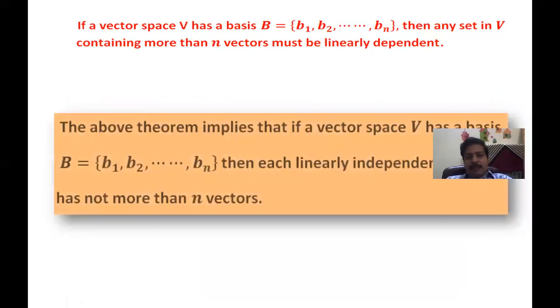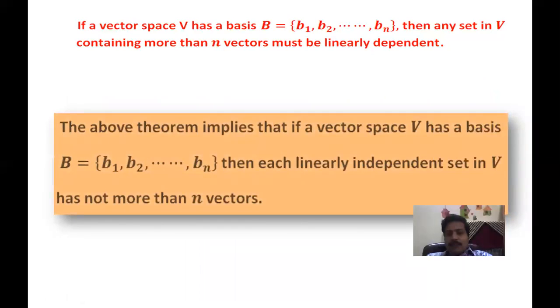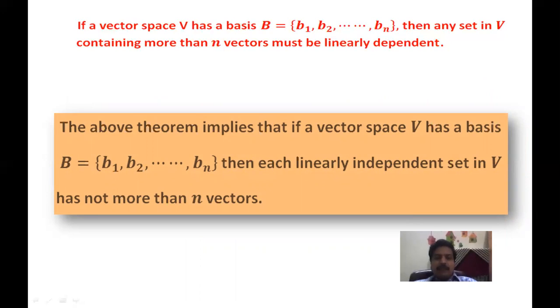So this theorem implies that if a vector space V has a basis B with the elements B1, B2 and so on Bn, then each linearly independent set in V has not more than n vectors.